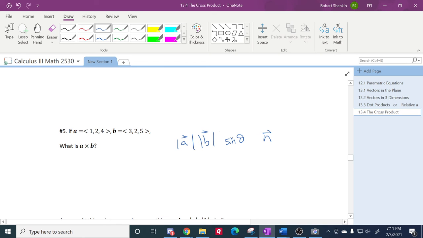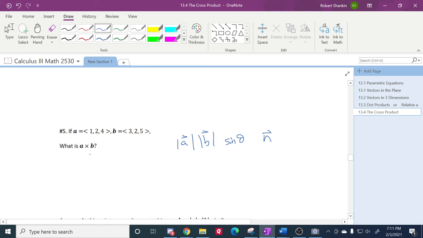And then you take the sine of that, and we could get that. But then this n, we wouldn't be able to get. It's in a direction that's perpendicular to the plane that makes up both of these vectors. How do I get that?